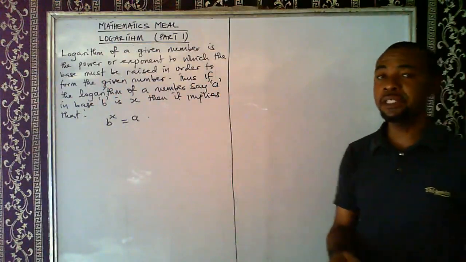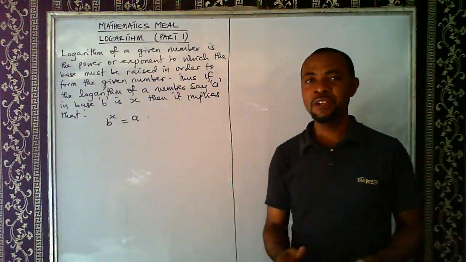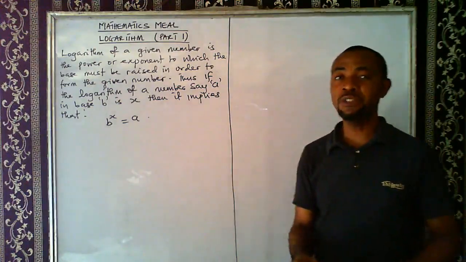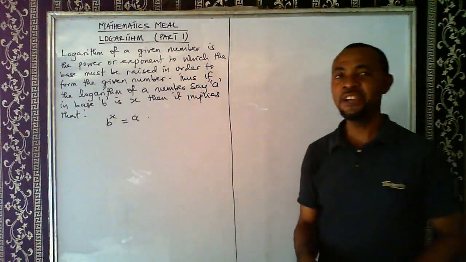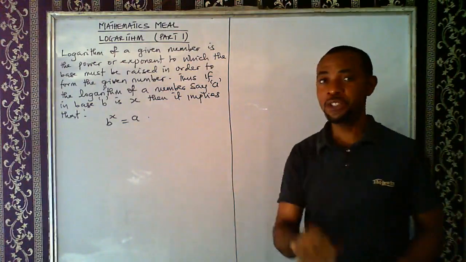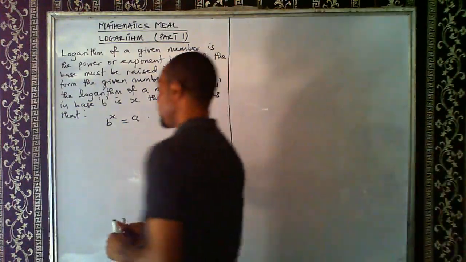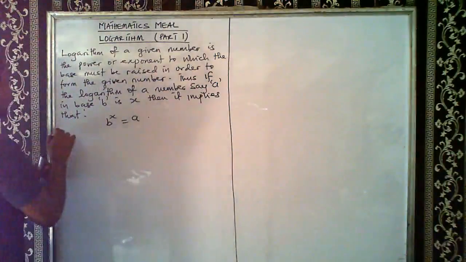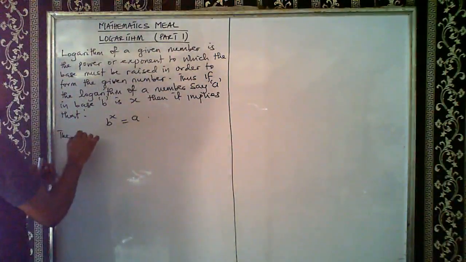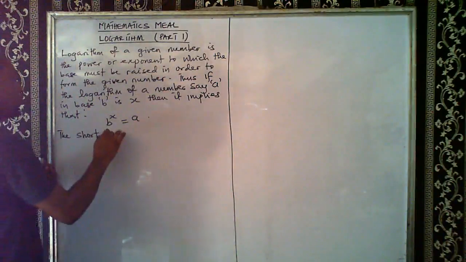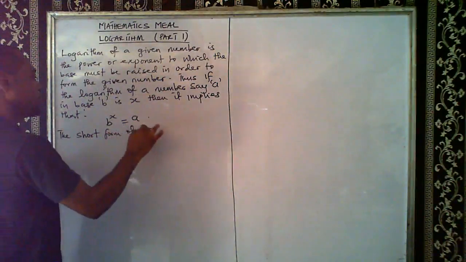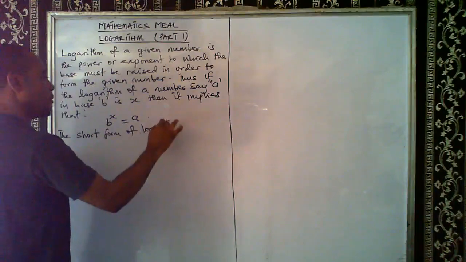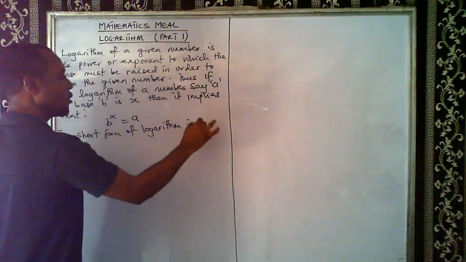We know that in mathematics, grammar is not the issue. We just need to break everything down to mathematical expressions so that you can understand it more. So let's go further. The short form of logarithm is log.